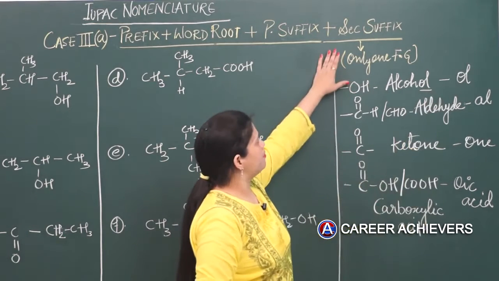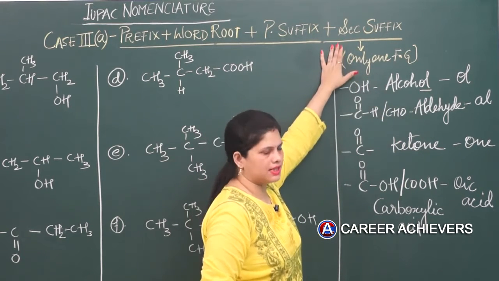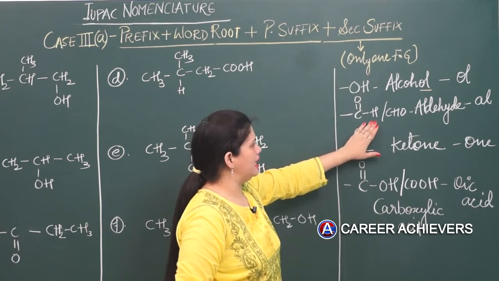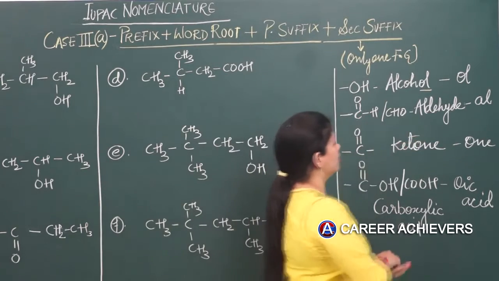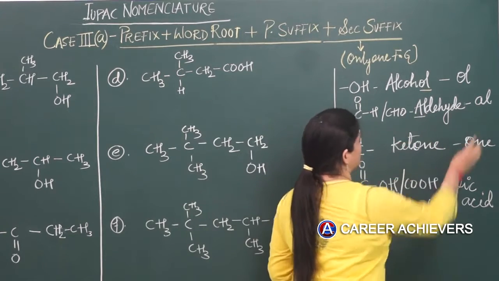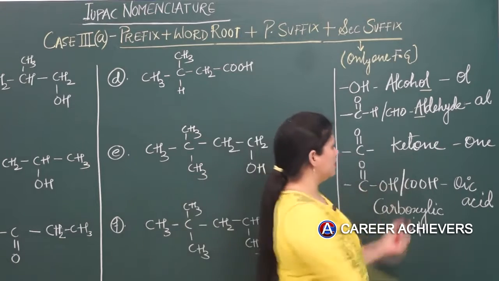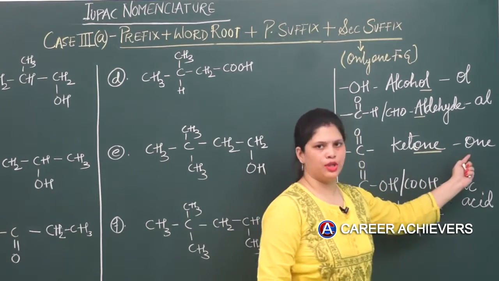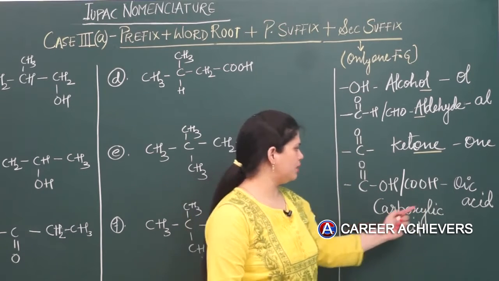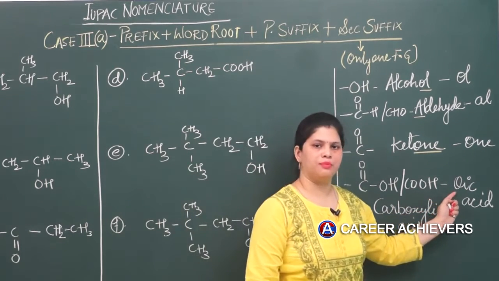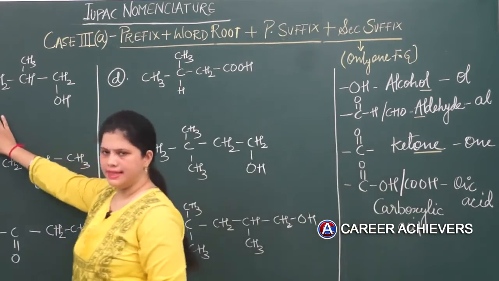It means for representing the alcohol functional group, OL is used as the secondary suffix. If your functional group is aldehydic, COH, which can also be written as CHO, then this part of the name will be used as the ending. If a ketonic functional group is present, then this part of the name has to be used. If carboxylic acid is present as the functional group in the molecule, then the secondary suffix would be represented as oic acid. Getting back to the examples, let's see this example.